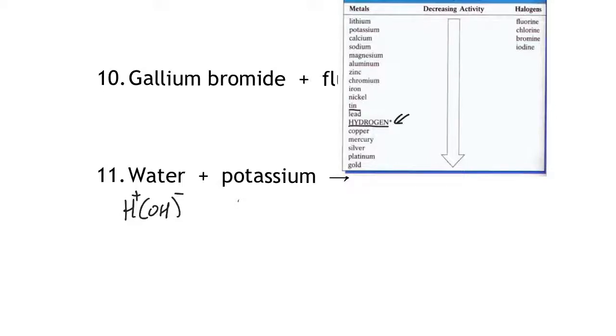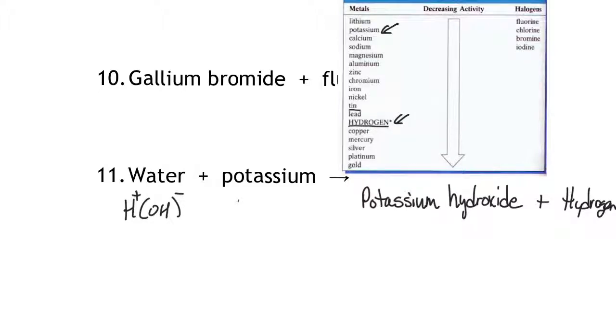Here's hydrogen, and potassium is way up here. So potassium will definitely replace it, and we'll end up with potassium hydroxide, because it's the hydroxide ion, and hydrogen. And there you have it.